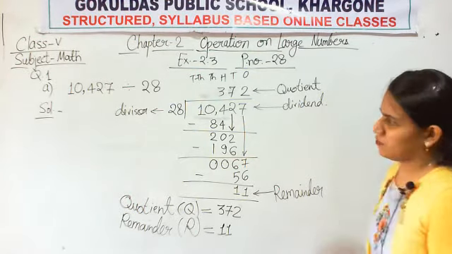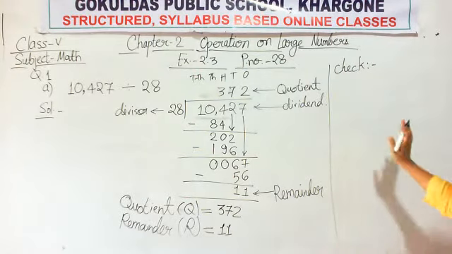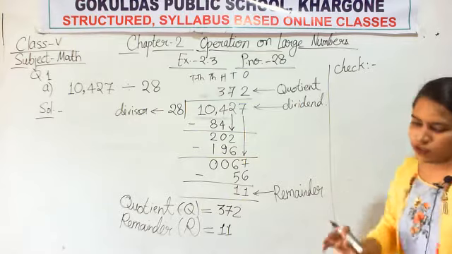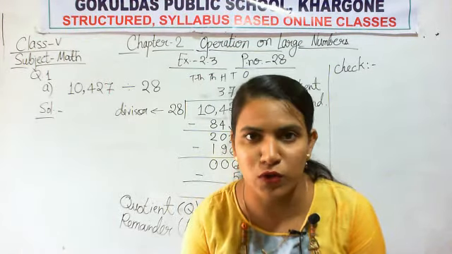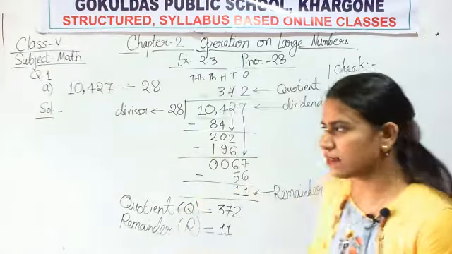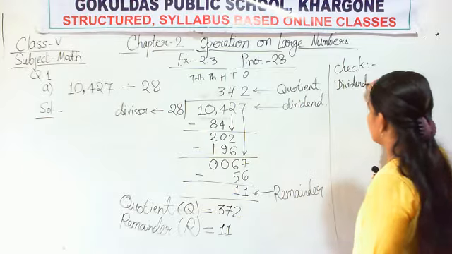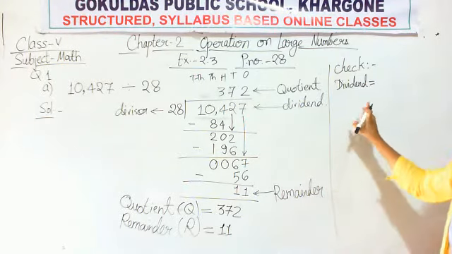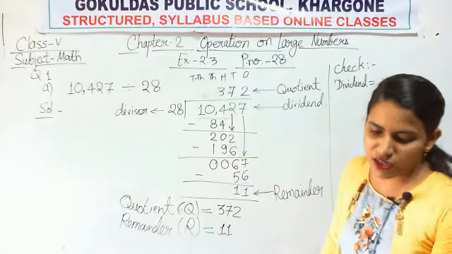So I am showing how to check in this part. To check your answer in division, one formula is there, which is this formula. By using this formula you can check your answer of division.